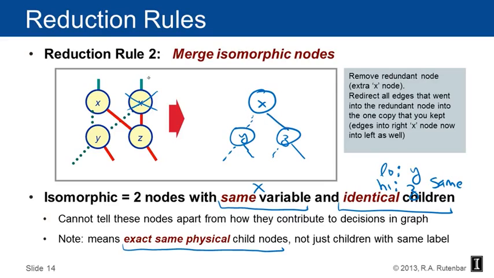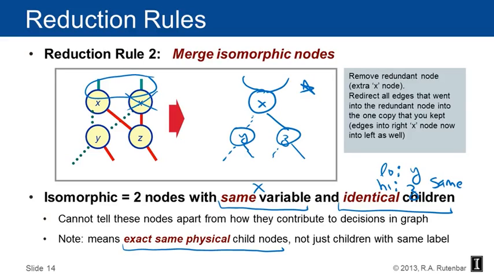But there are two pointers that go into the x nodes. One of them goes into the left x node, and one of them goes into the right x node. And what now happens is that you simply redirect them both to go into the one x node. So whatever was happening above the x node in this BDD, and that traversed some edge with a variable decision to get to x, those pointers just point to the single copy of x.